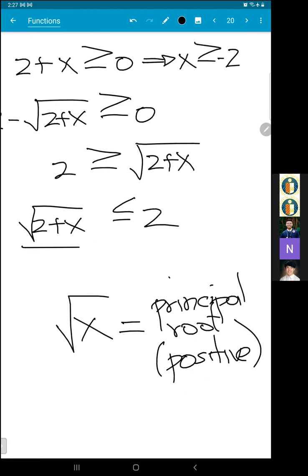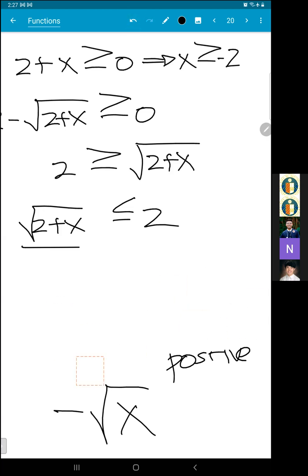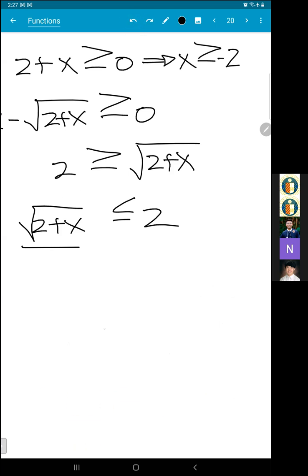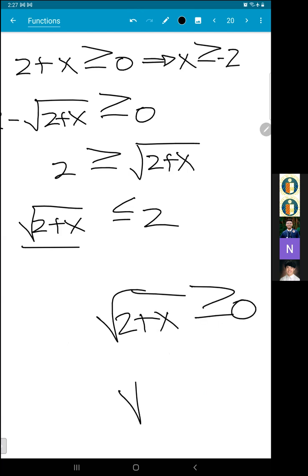If you want to mean the negative, you put the negative. So here, if I want to mean the negative, I have to put a negative sign. But since there is no negative sign before it, you mean the positive root. So this one, in other words, is always positive. Of course, in general, the square root of x, where x is a real number, is non-negative.